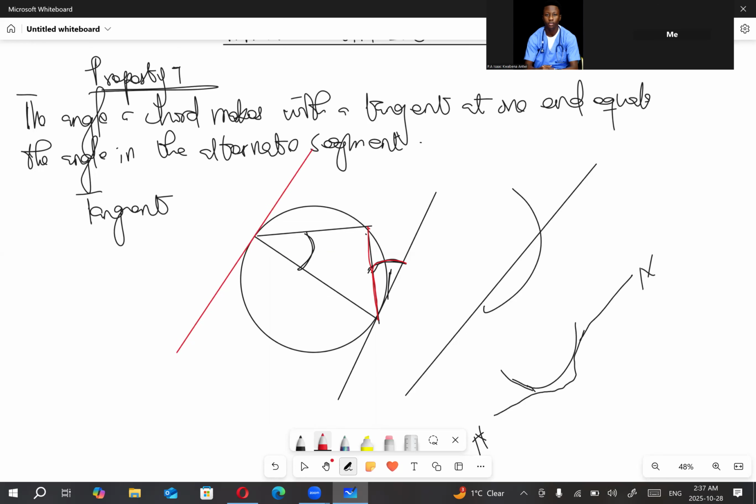Assuming there was supposed to be a tangent here, then that angle would have been equal to the angle here. But no, it's the angle inside. It's some analogy I feel will help you. So the angle this chord makes with this tangent is equal to the angle inside.